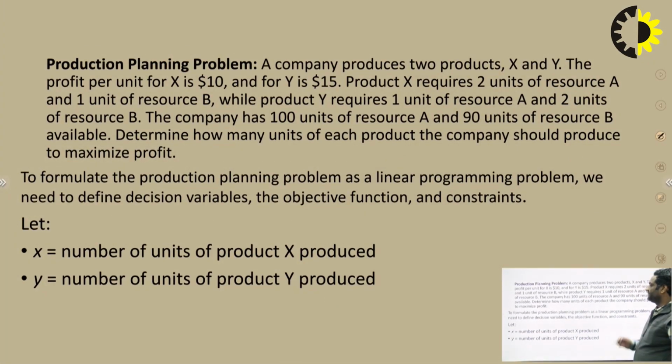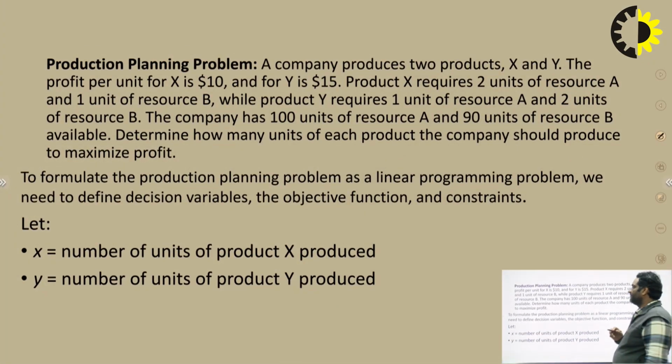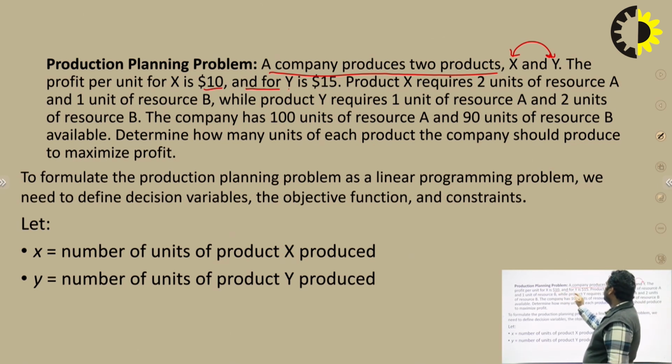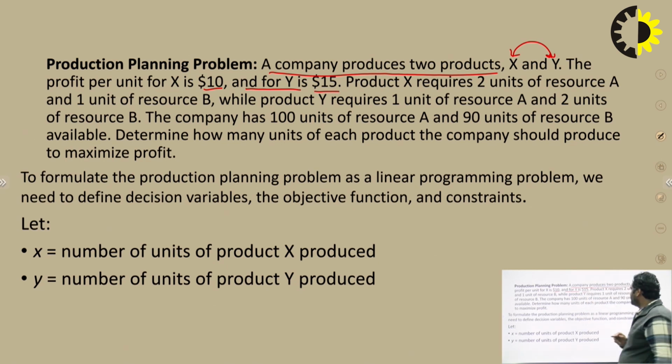Let's discuss the first numerical on convex optimization. First, that is the production planning problem. Let's see what the problem is. A company produces two products, X and Y. The profit per unit for X is $10 and for Y is $15.